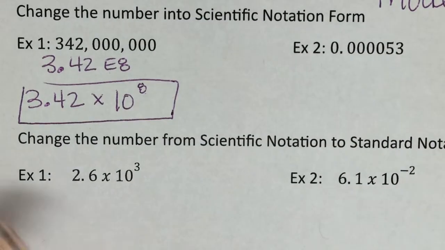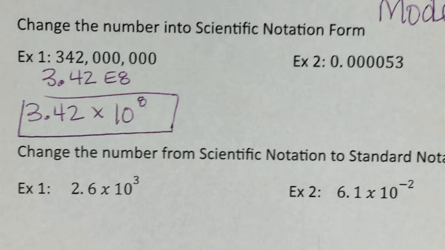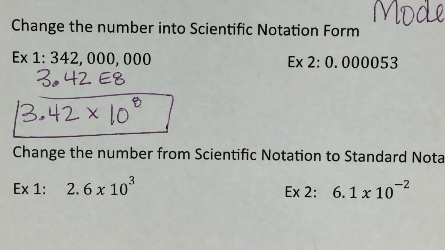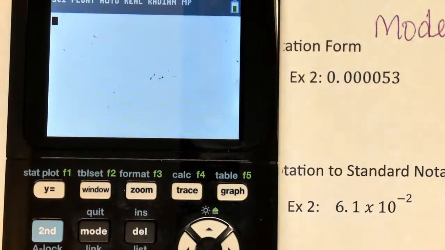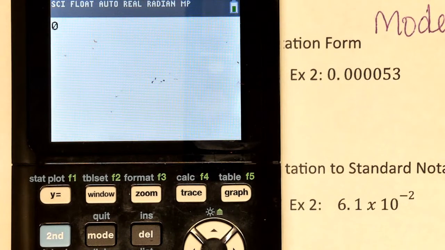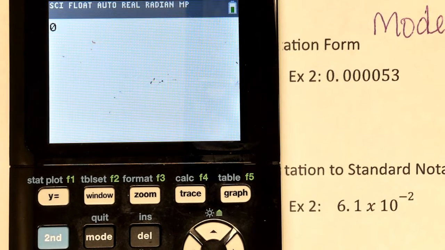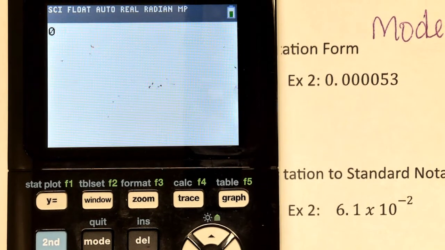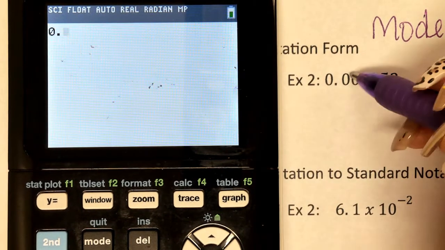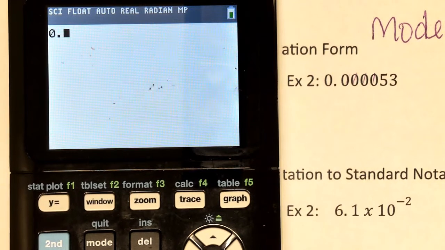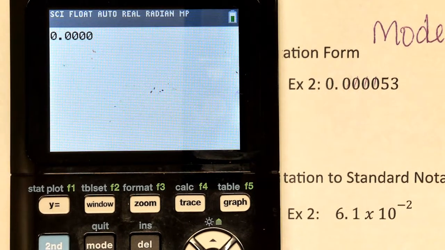All right, now try this one. Put this one in your calculator. Now you must put decimals in, just not commas. So 0 decimal, and then I'm going to put in 1, 2, 3, 4 zeros, and then 5, 3.